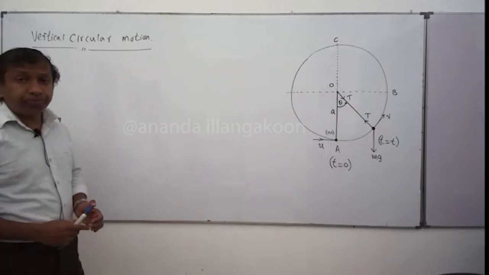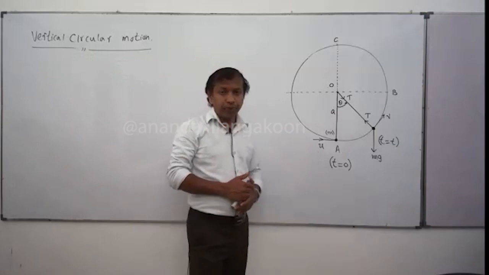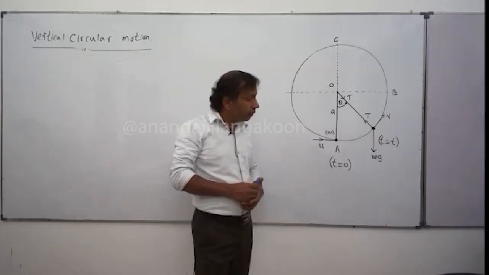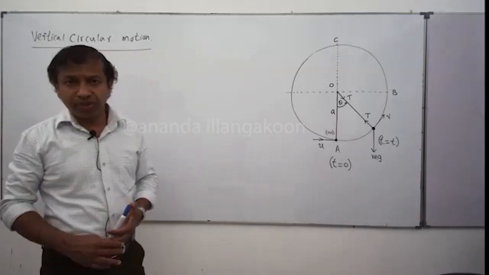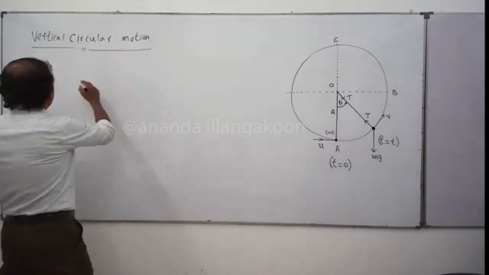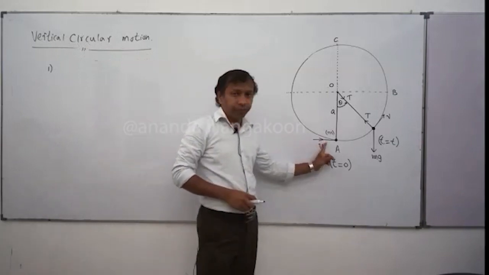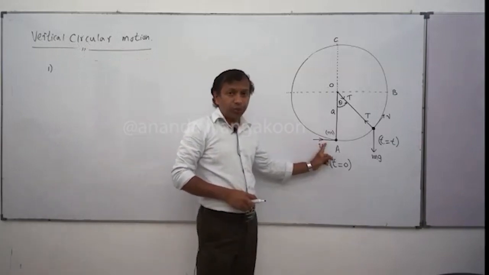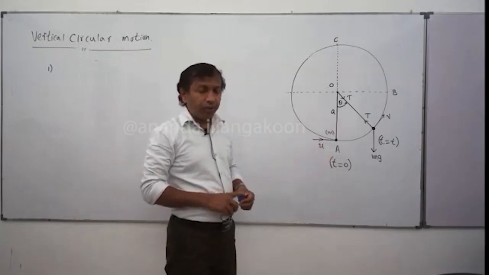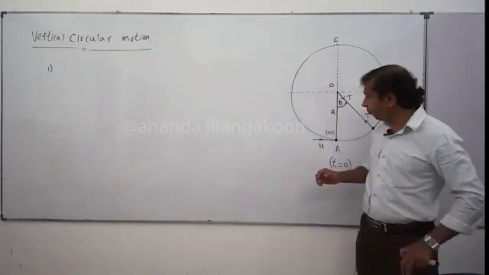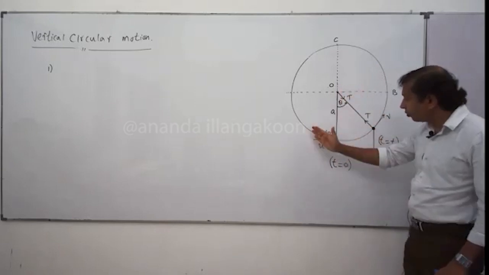Now, depending on the size of the initial velocity u, the particle can get one of the following results. First, number one: the particle can oscillate above the line OA to both sides.